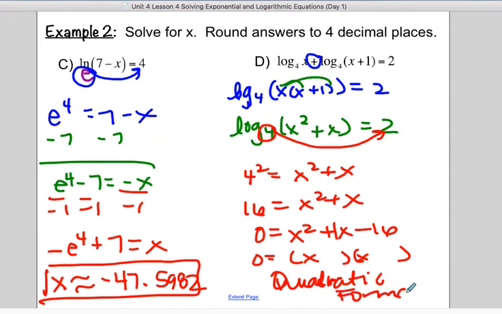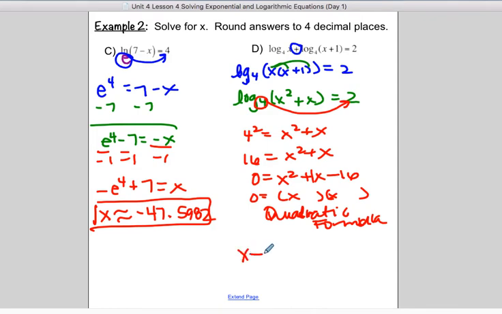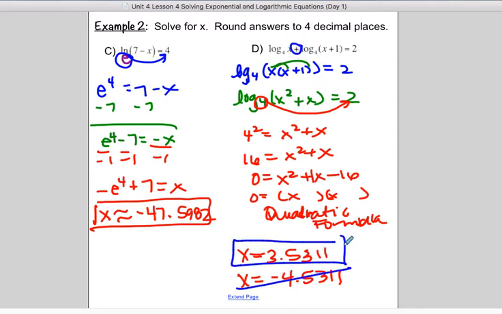So go from there. I would recommend trying to do it. As long as I didn't make a silly mistake when I did mine, you'll get 3.5311 and negative 4.5311. And since this is an x just by itself, you can't plug in the negative, so you'd only have this answer.